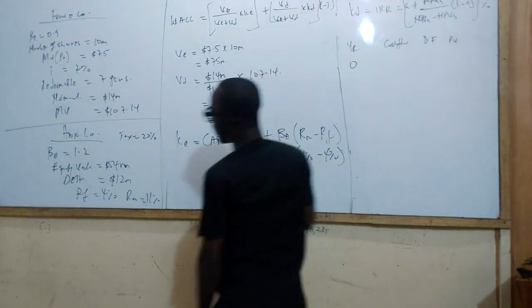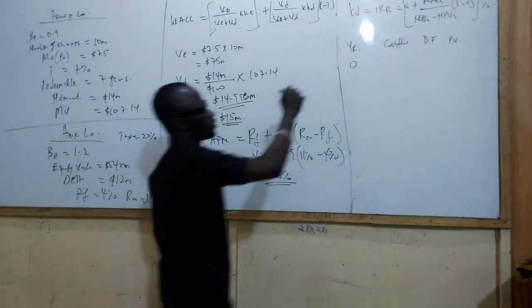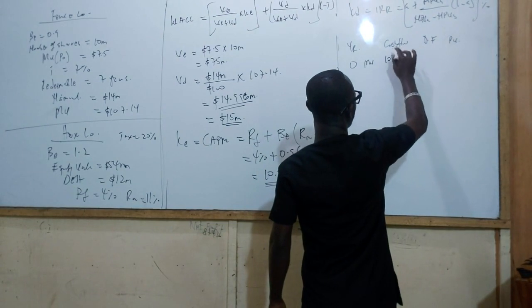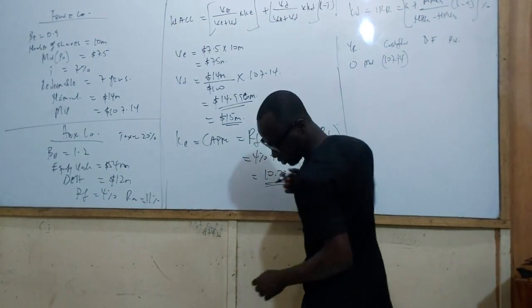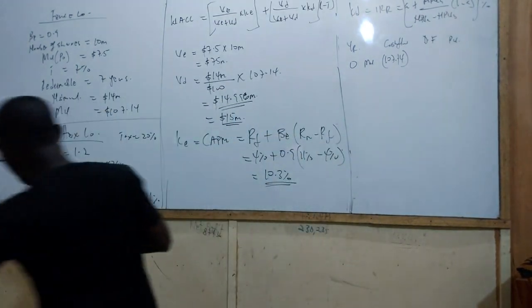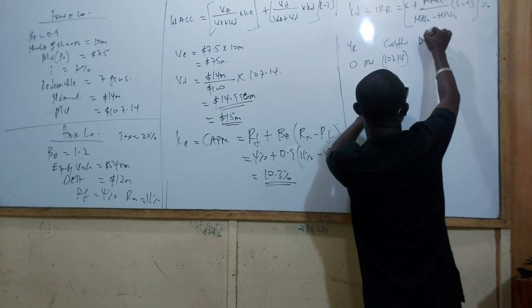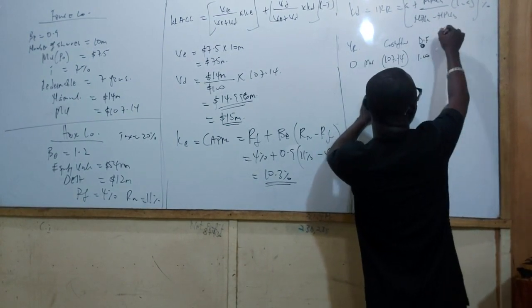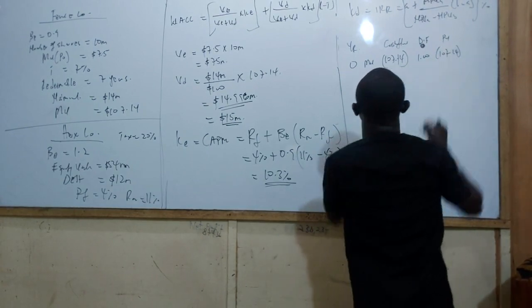So year 0, what is the market value of the bond? 107.14. That will always be in the bracket. Start with 10%, so trial and error. You always start with 10% discount factor. The discount factor for year 0 is always 1, so the present value is still 107.14.